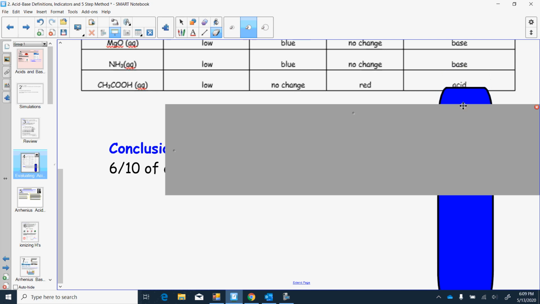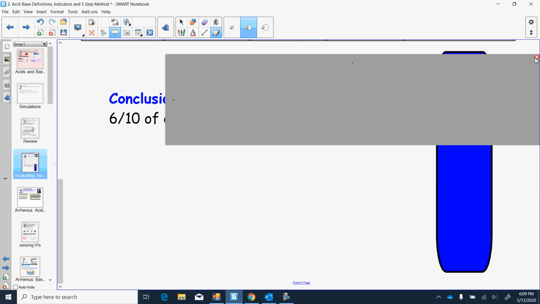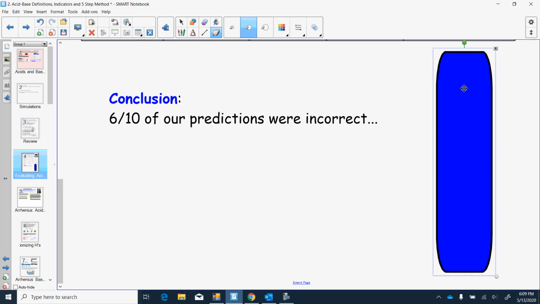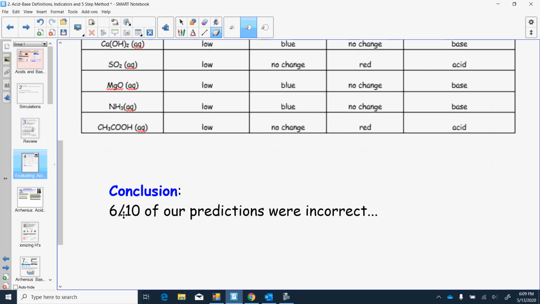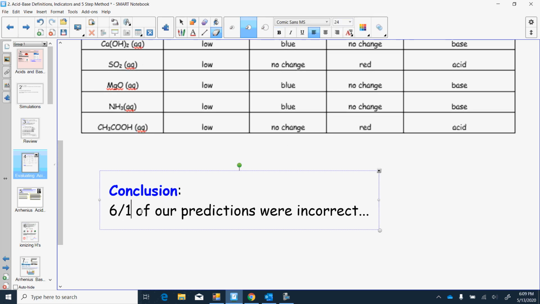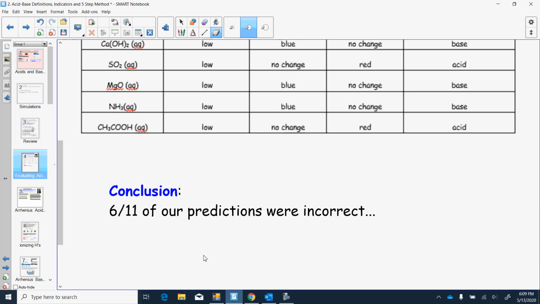So for the most part, looking at our categories, most of you might have had maybe 6 out of the 11 correct, if we were going with just the traditional definitions we have for acids and bases. Therefore, we are going to talk about some new, maybe better explanatory definitions for acids and bases.